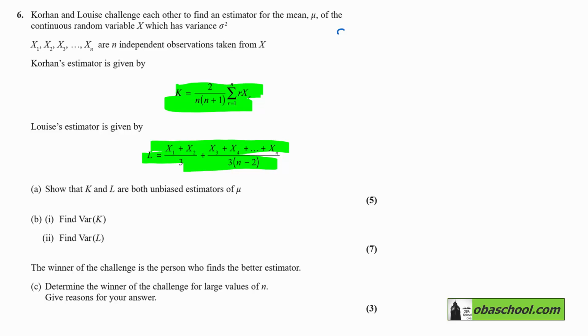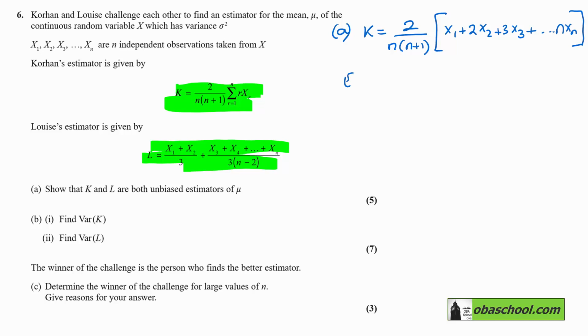So let's start with Korhan. Now, how could we rewrite this? We could rewrite it as 2 over n plus 1 times x1 plus 2x2 plus 3x3 and so on up to nxn.